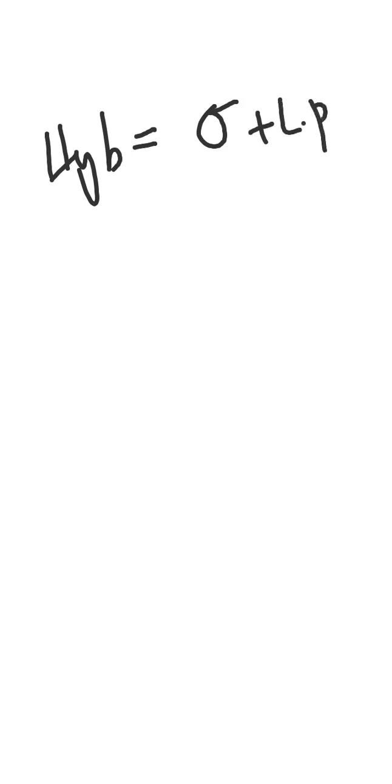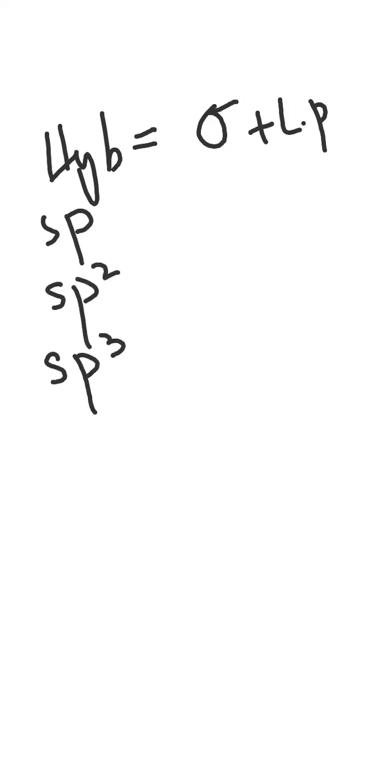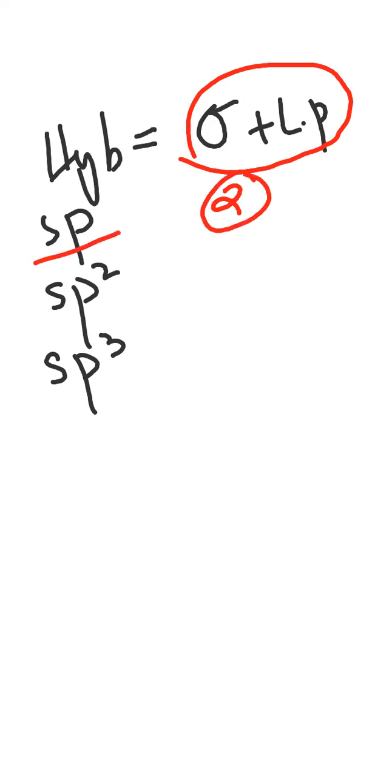Hybridization हमारे पास कौन सी है? sp, sp2, sp3. So if the sum of lone pair and the sigma bond is 2, means 2 orbitals, means sp. Simple.